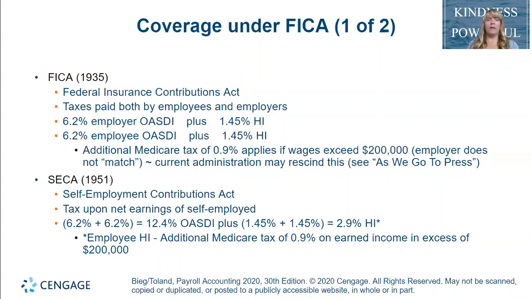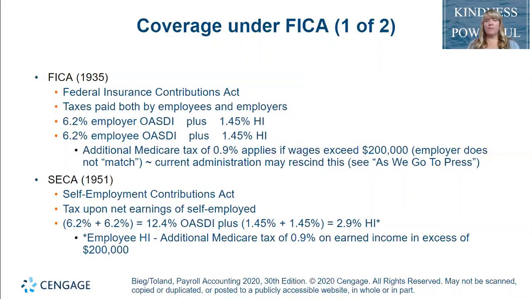Okay. Now, SECA also deals with Social Security and Medicare, but SECA is for self-employed individuals. SECA stands for the Self-Employment Contribution Act, and that was enacted in 1951. This is how taxes are assessed on self-employed individuals.